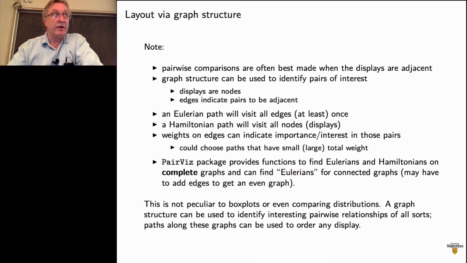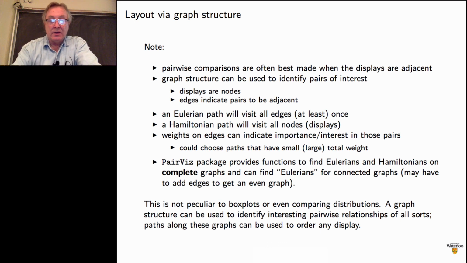Graph theory things, Eulerian paths, Hamiltonian paths, give you information about how to select, to make sure you see all pairwise comparisons, or you see all of the displays in a smaller configuration. Weights can allow you to choose which pairs are more interesting, and of course you can also build your own graphs if you've got some sense of what is important beforehand. That's all going to depend upon the context of the problem.